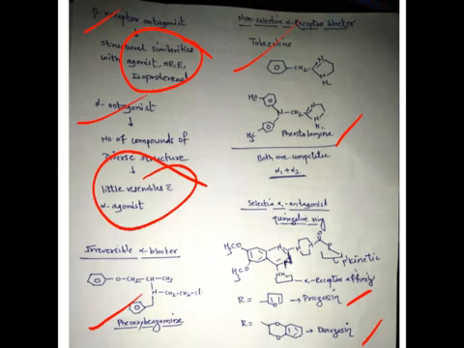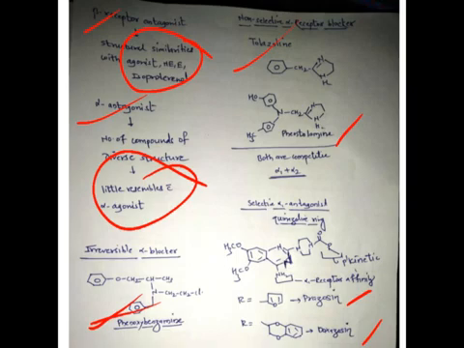Write down the structure of phenoxybenzamine. This phenoxybenzamine is the irreversible alpha blocker. That means once it blocks the alpha receptor, it will not again free that receptor. So permanently it blocks the alpha receptor, so it is called the irreversible alpha blocker. Phenoxybenzamine is the example. Please note down the structure.